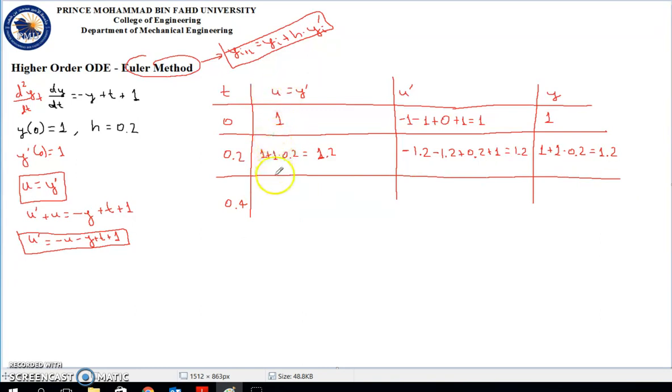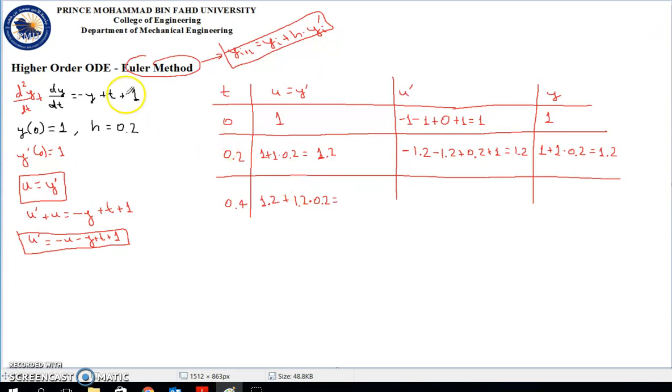What's u? Well, u is the previous u, 1.2, plus the slope of u, which is u prime, that's 1.2, times the step, which is 0.2.